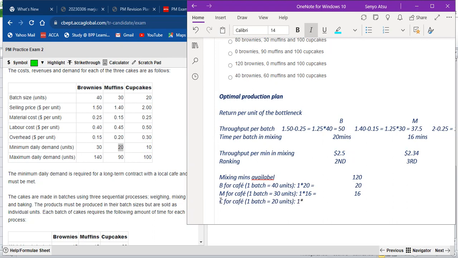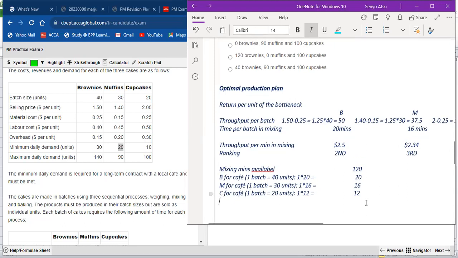One batch requires 12 minutes. So after producing the minimum of B, M, and C for the cafe, what's the time remaining of the 120?